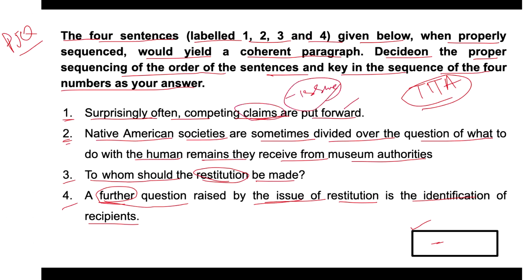The second sentence states, Native American societies are sometimes divided over the question of what to do with the human remains they receive from museum authorities. This sentence indicates that Native American societies are sometimes divided over the question. Which question? The question of what to do with the human remains they receive from museum authorities.